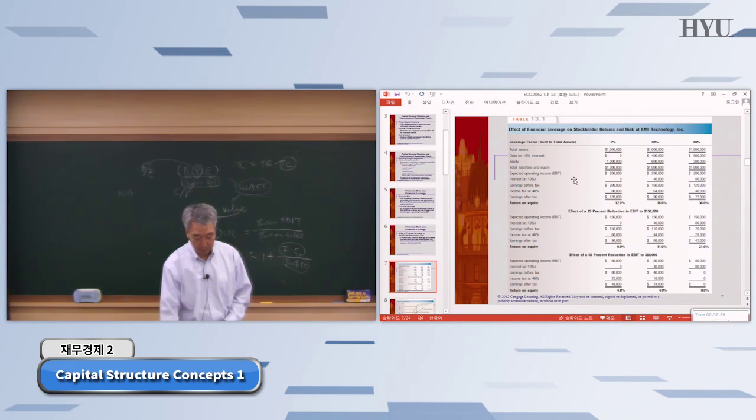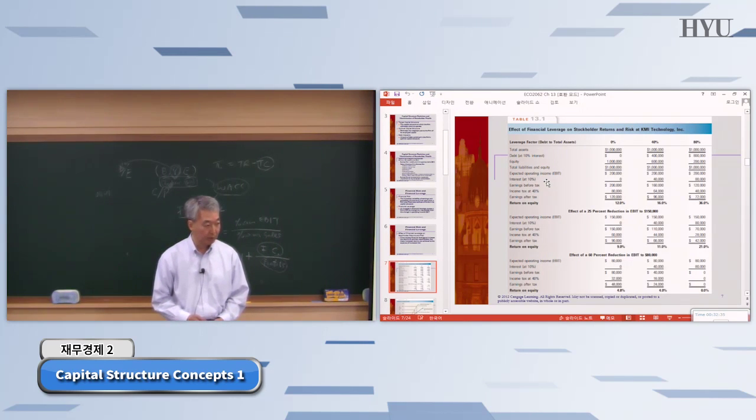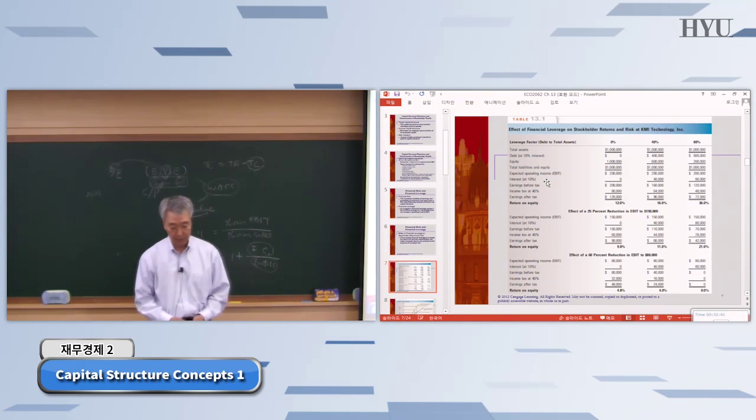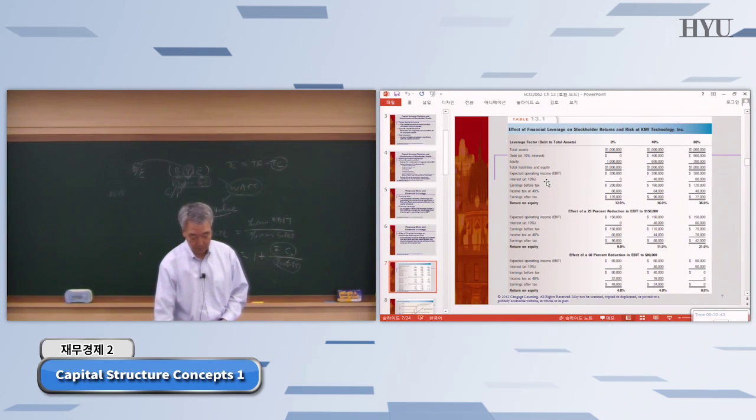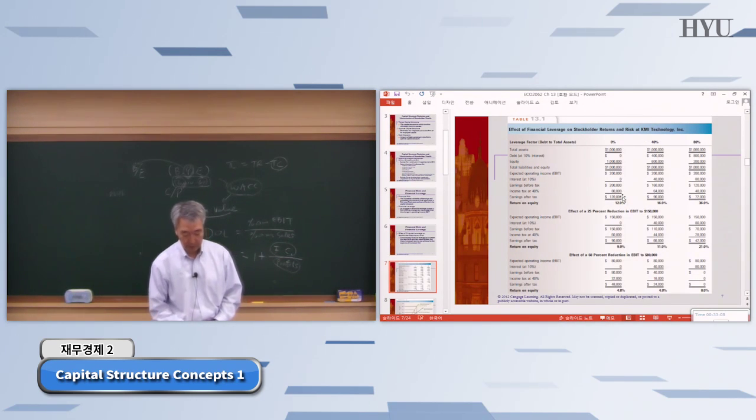Right after EBIT, you have to subtract interest payments, because EBIT is earnings before interest and taxes. If you assume a 10% interest rate, the interest payment will be 0, 40,000, 80,000, making the earnings before tax, EBT, 200,000, 160,000, 120,000. And the income tax, let's say the tax rate is 40%.